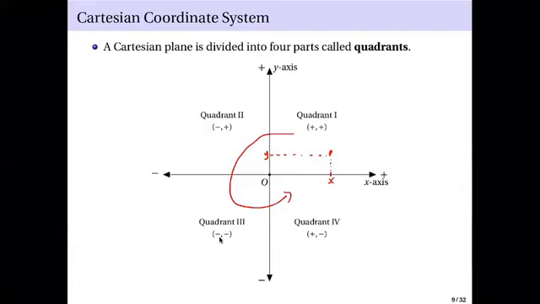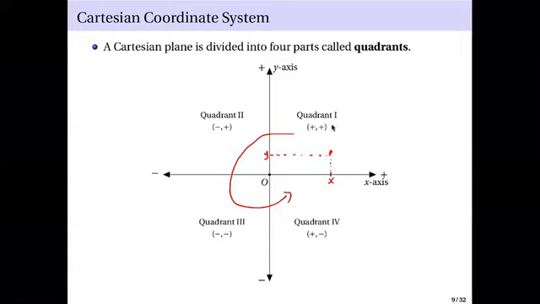Quadrant 3 has negative values for both x and y, because a point in here is to the left of O for x and below O for y. Then this one is quadrant 4. The x value is positive, and the y value is negative.